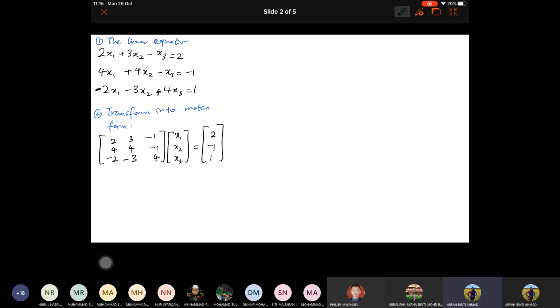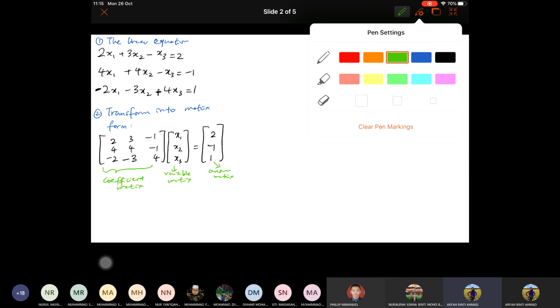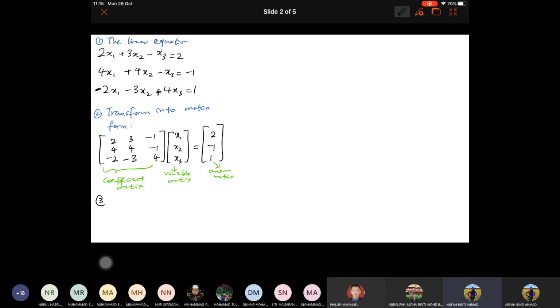Okay, thank you. So the next one, kita akan tengok, this is your coefficient matrix. And this is your variable matrix. Okay. And this is your answer matrix. So what we are going to do for this one is the third step.